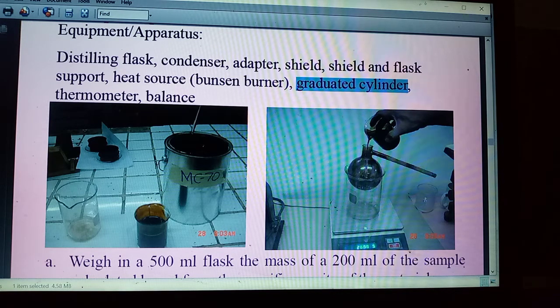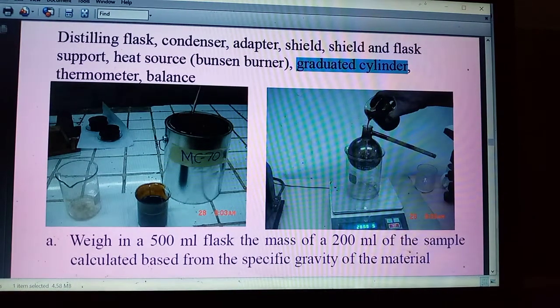So, unang gagawin, weigh in a 500 ml flask the mass of 200 ml of sample calculated based from specific gravity of the material. So, ito yung flask. Na yung volume ng flask mo is 500 ml.